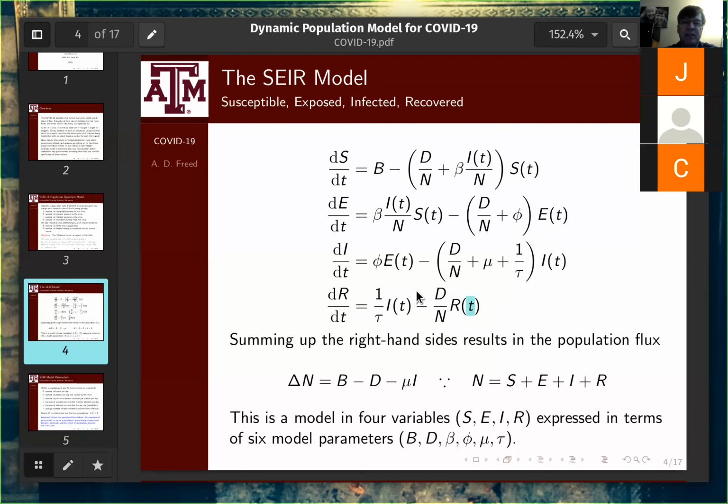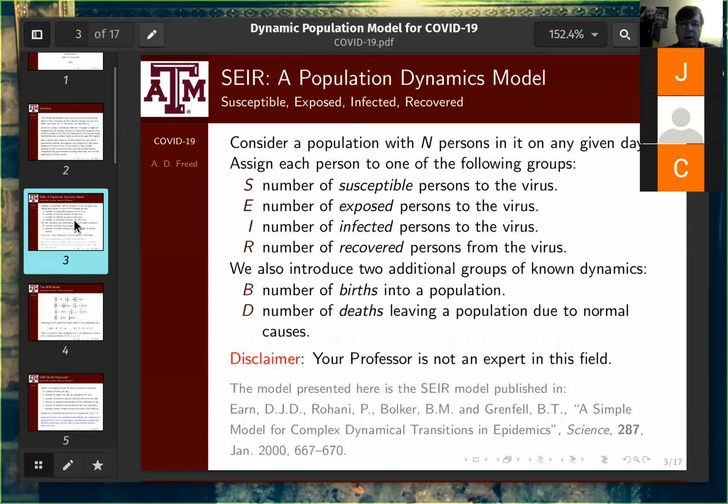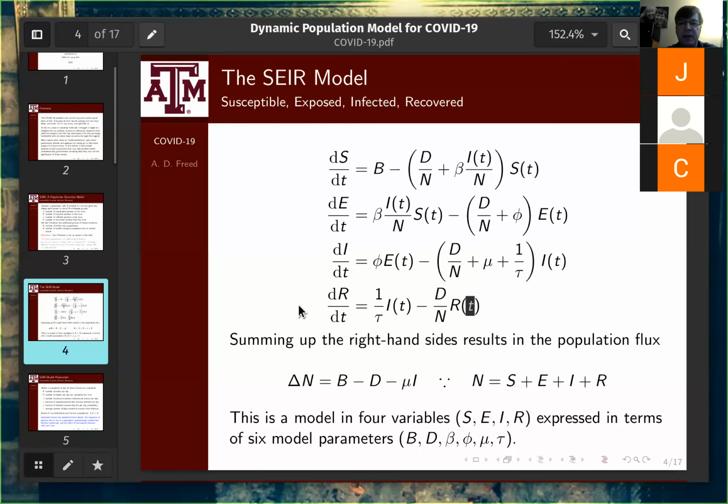So this is the system of equations that is, in fact, the system proposed in the paper down here, published in Science about 20 years ago, with the exception that I specifically introduced a morbidity into the infected that wasn't in their paper.